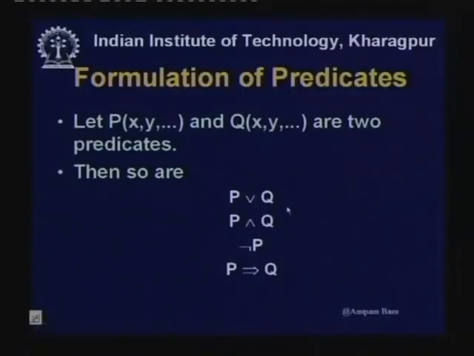So, in predicate logic, if P and Q are two predicates, then P or Q is a valid predicate, a well formed formula. P and Q is a valid predicate, not P is a valid predicate, P implies Q is a valid predicate. Exactly these similar things we had in the case of propositional logic.